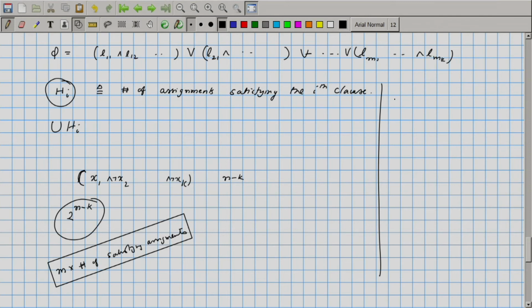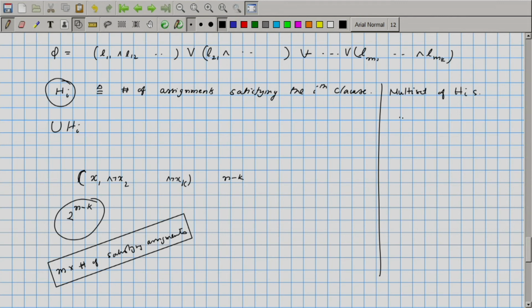Let us imagine the multi-set of Hi's. Hi here we denoted as a number, we can overload it and say that Hi is a set containing all the assignments which satisfy the ith clause.